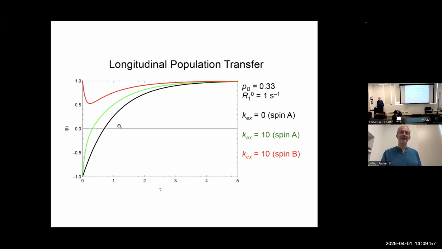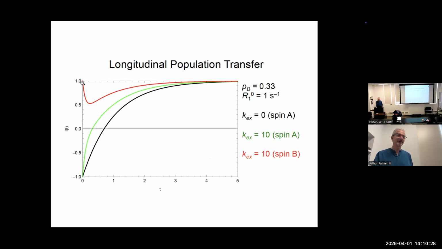But here's the phenomenology. If there's no exchange process, no jumps happening, and I invert the A spin, we expect to see recovery back to equilibrium with R1 of the A spin. But now if there is a jump process between them, then recovery of the A spin becomes bi-exponential.